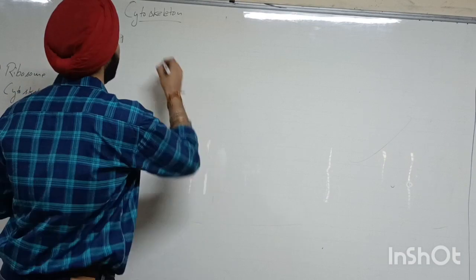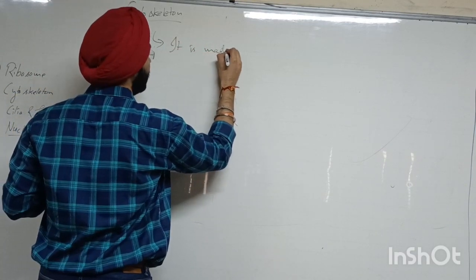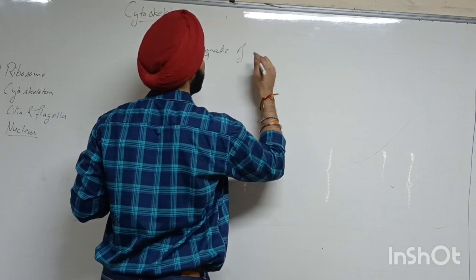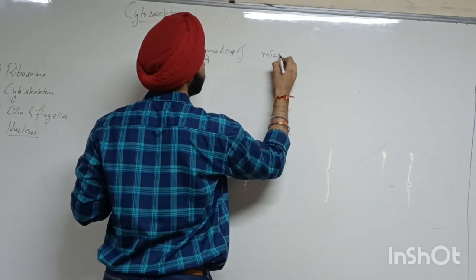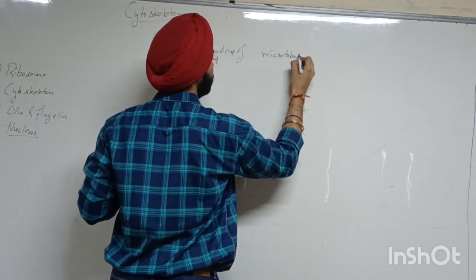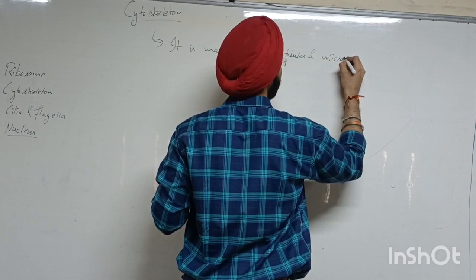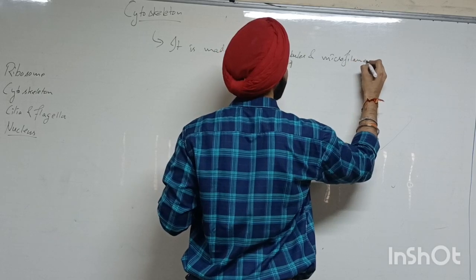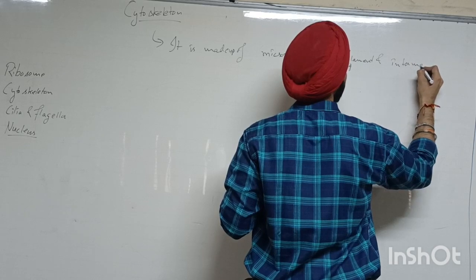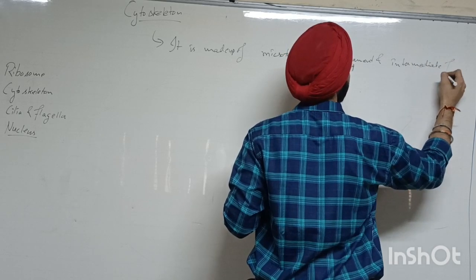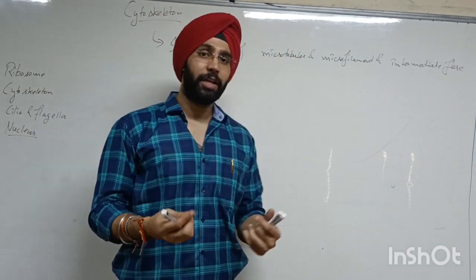In your NCERT, it is explained that it is made up of microtubules, microfilaments, and intermediate fibers. Let me explain with an example.